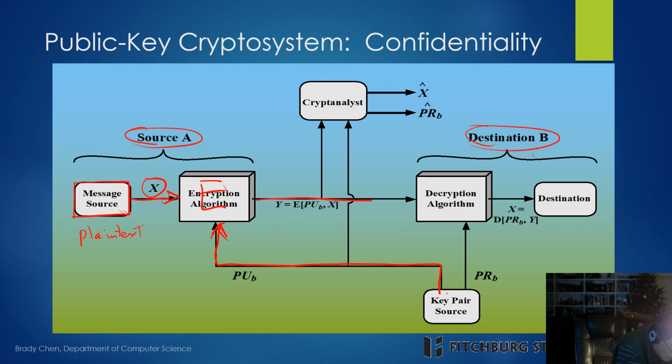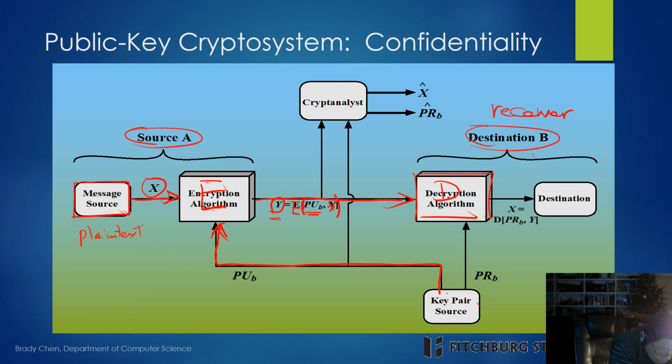Then we get the ciphertext. If we think about the encryption algorithm as a math function E, we use the plain text and the public key of the destination B, and that's the ciphertext. Now, when the receiver receives the ciphertext Y, the receiver is going to use the decryption algorithm. The decryption algorithms are related, but not necessarily exactly the same algorithm.